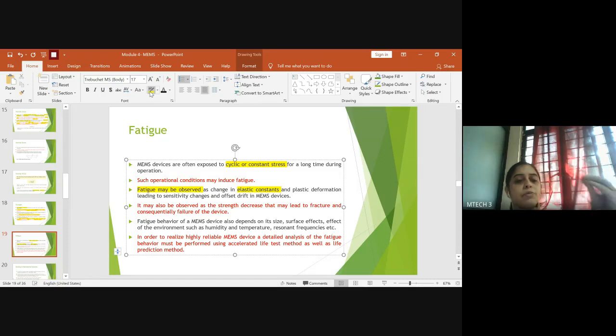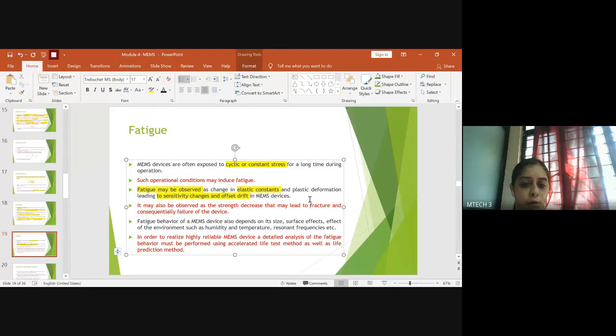So this type of fatigue can be observed as a drastic change in the elastic constants as well as in the plastic deformation. This will make the MEMS device very sensitive, and it can also result in drift in the MEMS device.